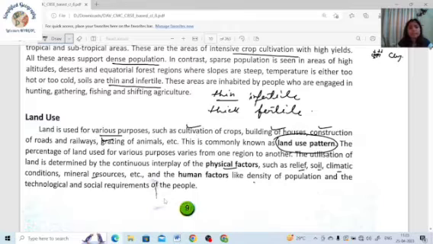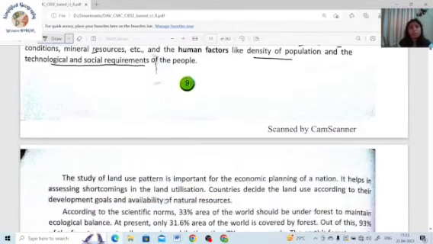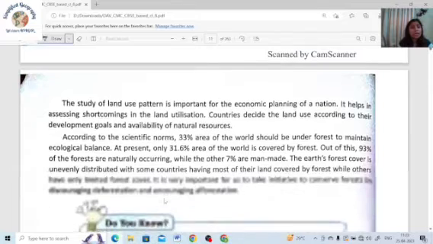Human factors like density of population, technological advancement, and social requirements of the people also affect the land use pattern. Like if a particular region is overpopulated, we see that in urban sectors, wastelands or forested areas are being cleared for making shelters. So this is how different people are using land in different manners.